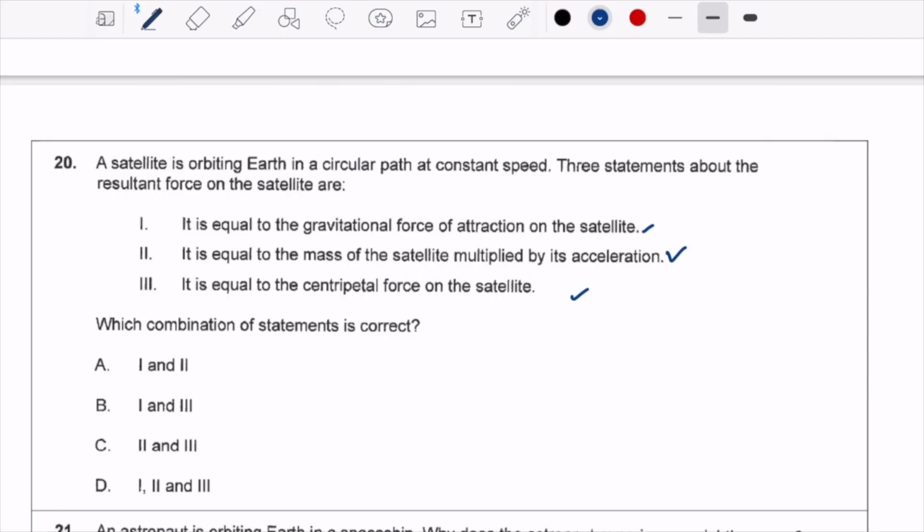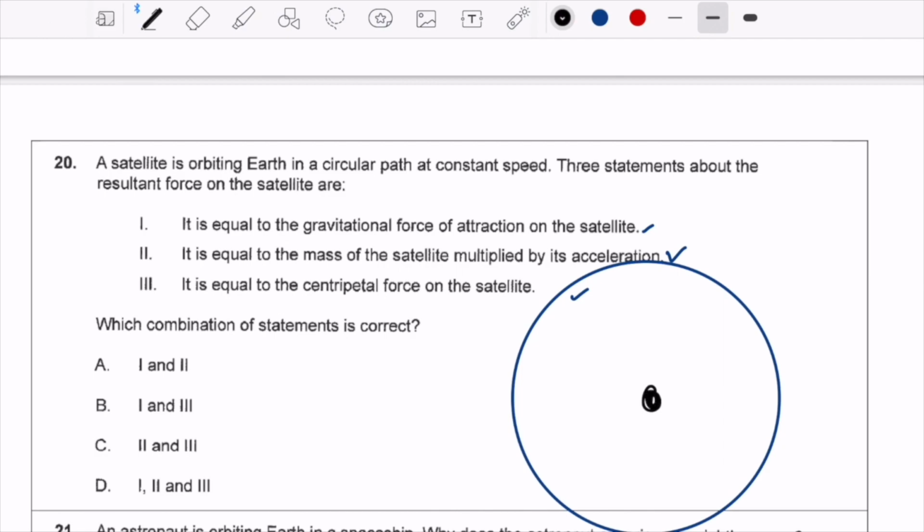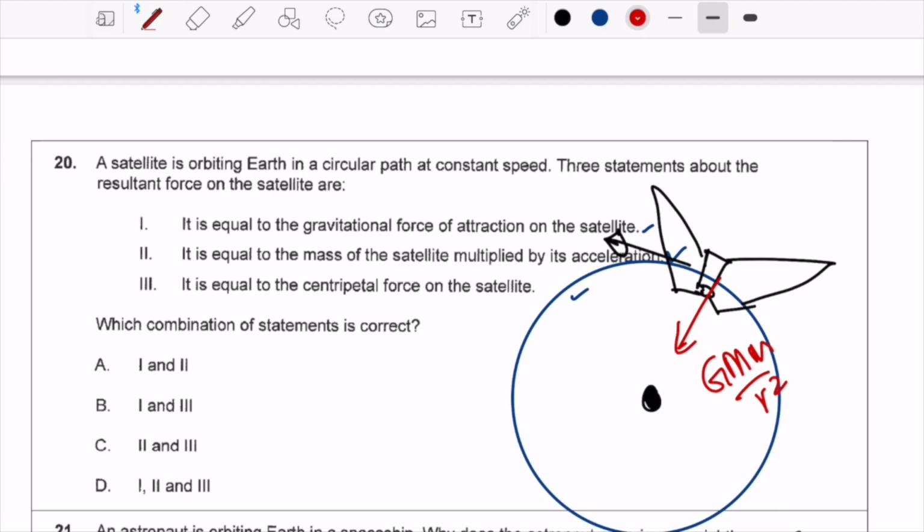A satellite is orbiting Earth in a circular path at constant speed. Okay, let's first draw the orbit and the Earth, and here is our satellite. So what are the forces? It has G capital M small m over r squared force.